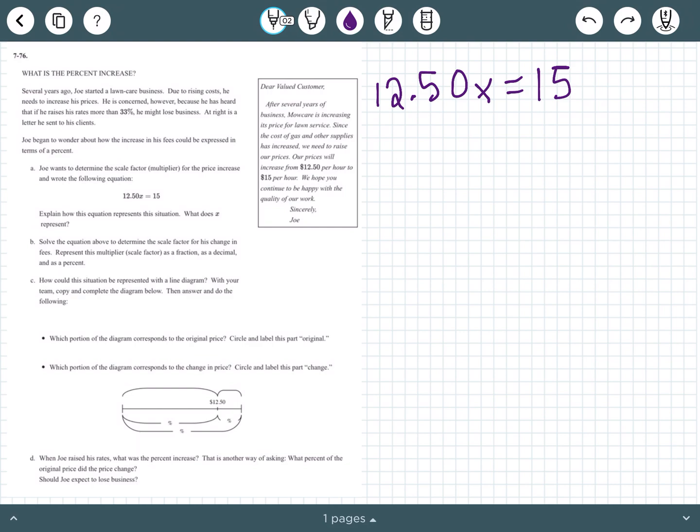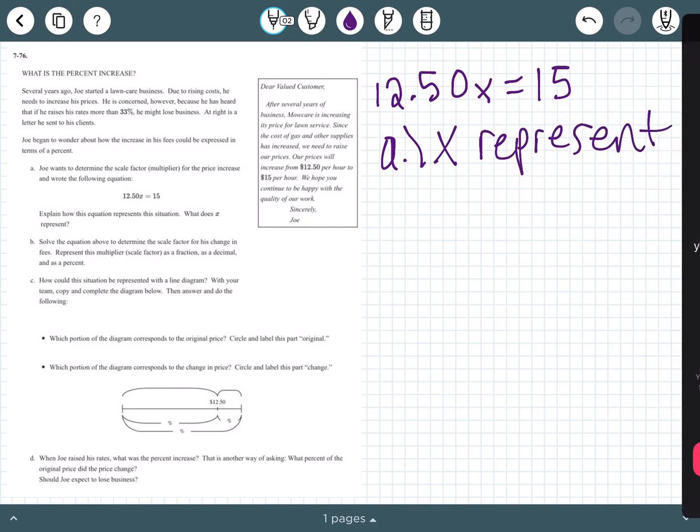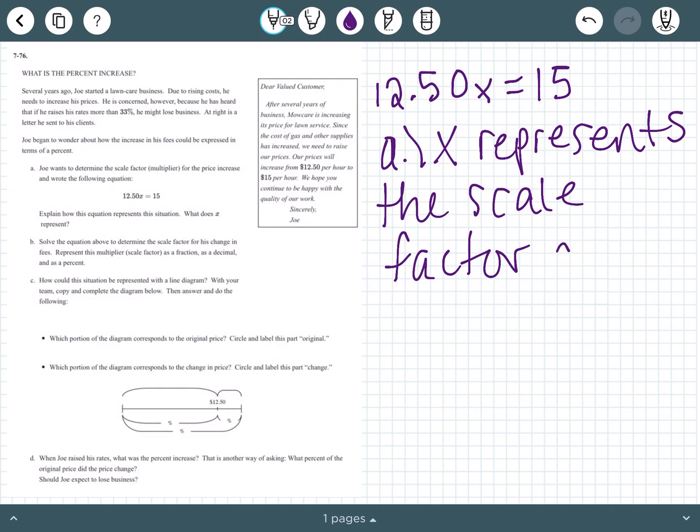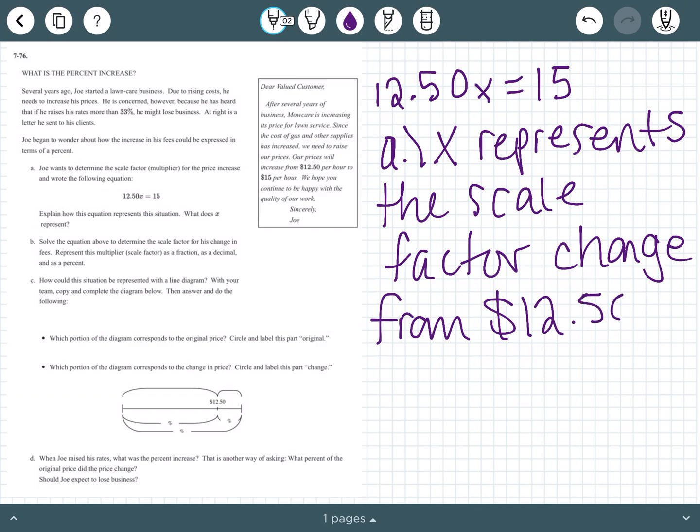And the X represents the scale factor change, so that change from $12.50 to $15. All right, that's all for part A.